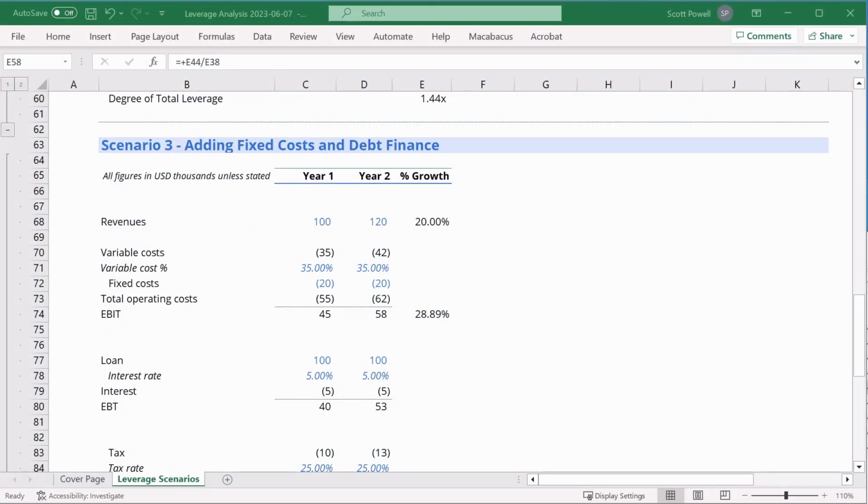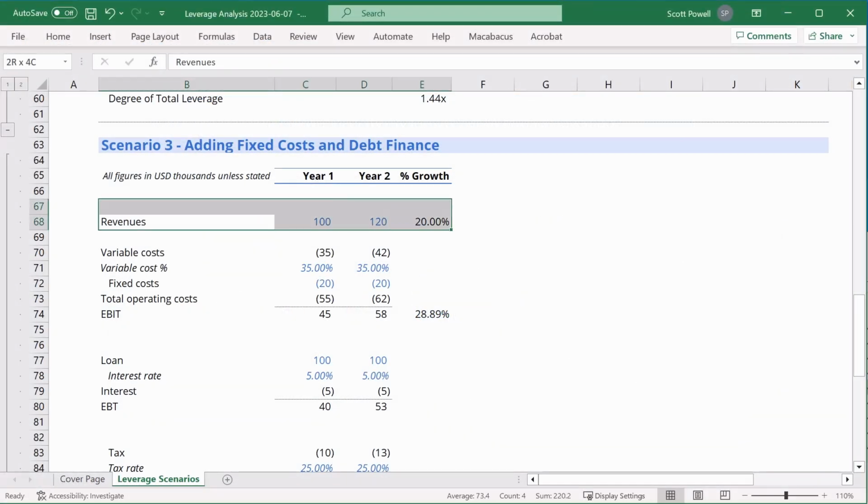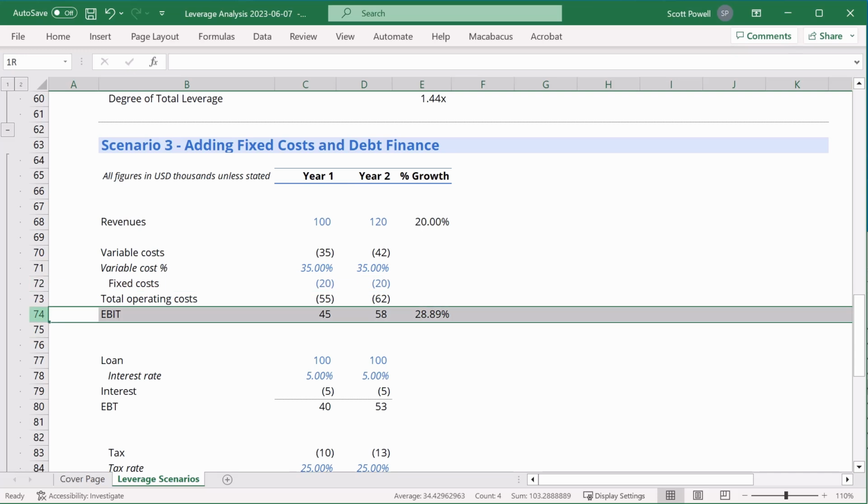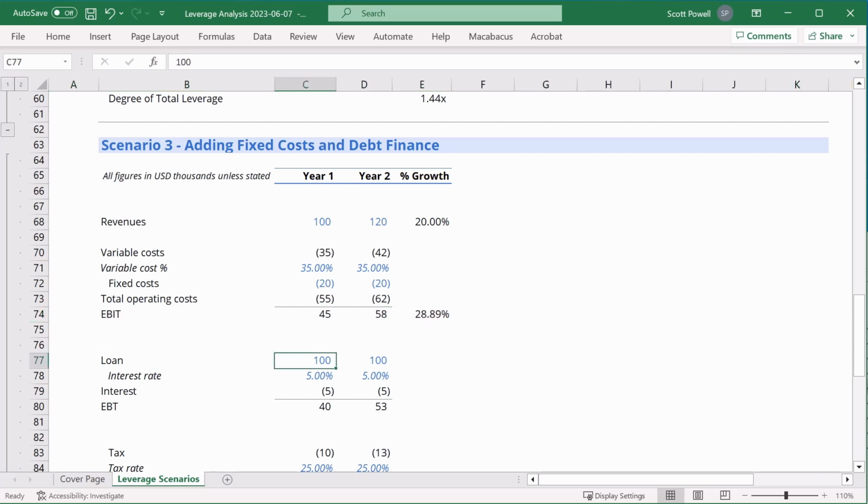To our same example, we're calling this scenario 3. So we have a situation where revenues are growing by 20%, but we have fixed costs in row 72 such that our operating profit is growing by almost 29%. We've seen that already. But now we're actually going to add the complication of a loan, and the loan is for 100 with an interest rate of 5%.